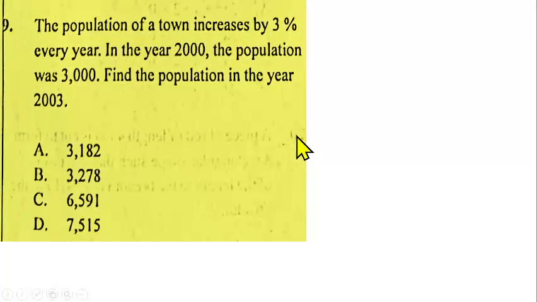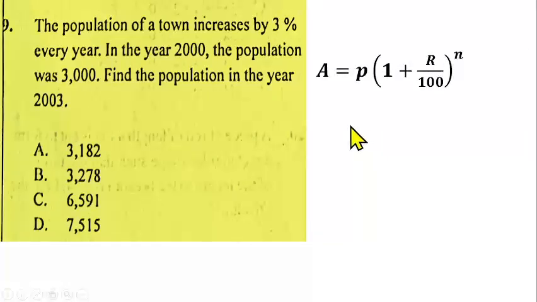So we can use the formula for finding amount in compound interest to find the population in 3 years, since we have a constant rate of increase every year.